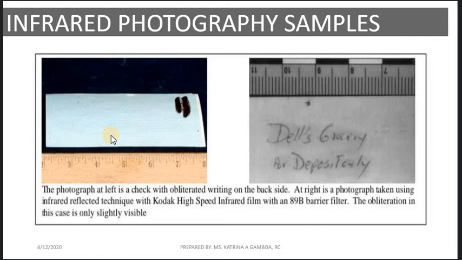Kunwari, susulat mo yung pangalan ng crush mo sa notebook mo. Tapos, hiniram ng kaklase mo yung notebook mo, buburahin mo yan. Alam nyo bang pwede pa rin namin makita yan kahit binura mo na? Ginagamit ang infrared to show kahit na naka super dark na yan, kahit buradong-burado na.